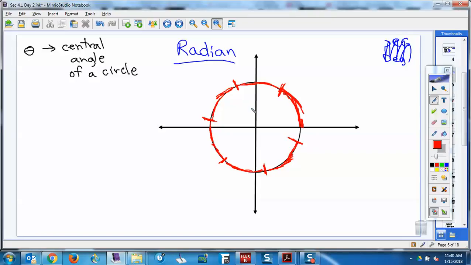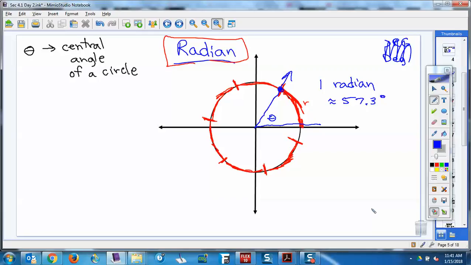So I always want you to think, obviously the word radian is coming from what? Radius. Because this angle right here, let me put it in blue. This angle right there is 1 radian. It's roughly 57.3 degrees.